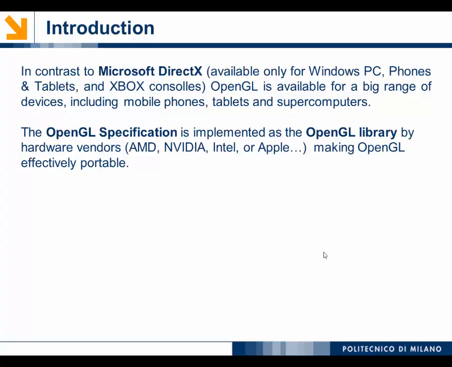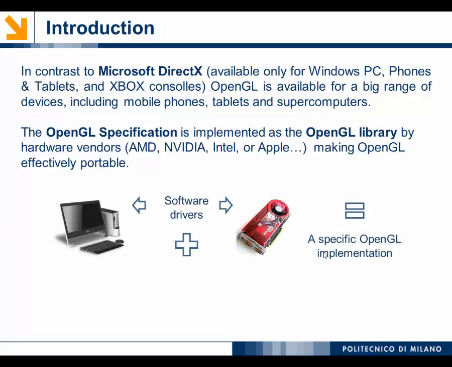This makes OpenGL indeed portable. So, if you have some software drivers that allow you to connect a device with a graphic adapter, then you have a specific OpenGL implementation.